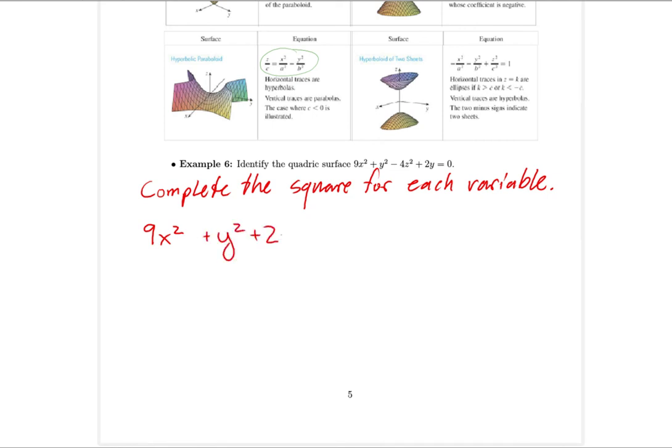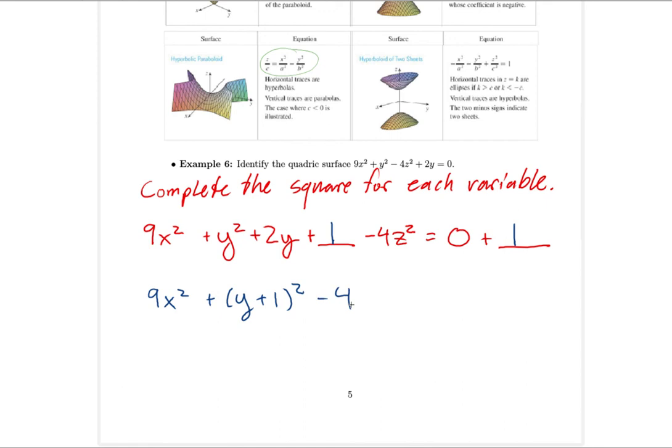So y squared plus 2y, I think that needs to have the square completed, so I'll put a little plus a blank there. But then we have minus 4z squared. There's nothing else besides the z squared. So that's going to equal 0 plus whatever I add here. But we know that the thing we should add in such a case is half of the middle term squared. So I put a 1 there, 1 there. So this is 9x squared plus (y plus 1) squared minus 4z squared is equal to 1.